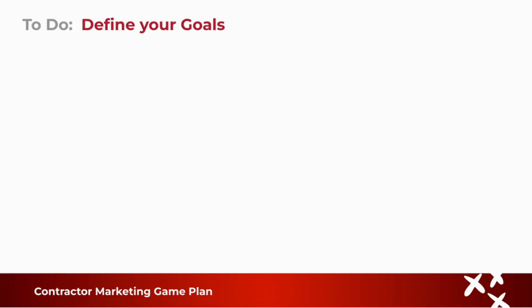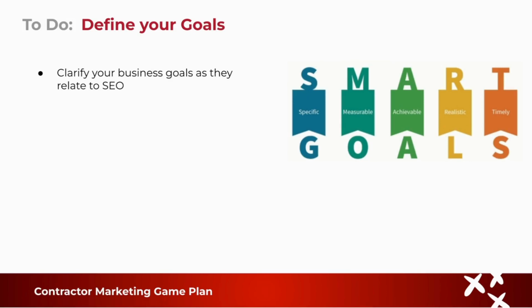Next up on your list, defining your goals. It's not really going to be effective for you to delegate something to a staff member or hire a vendor if you can't clearly articulate what it is that you're trying to accomplish. So I'm sure you've heard about the acronym SMART.